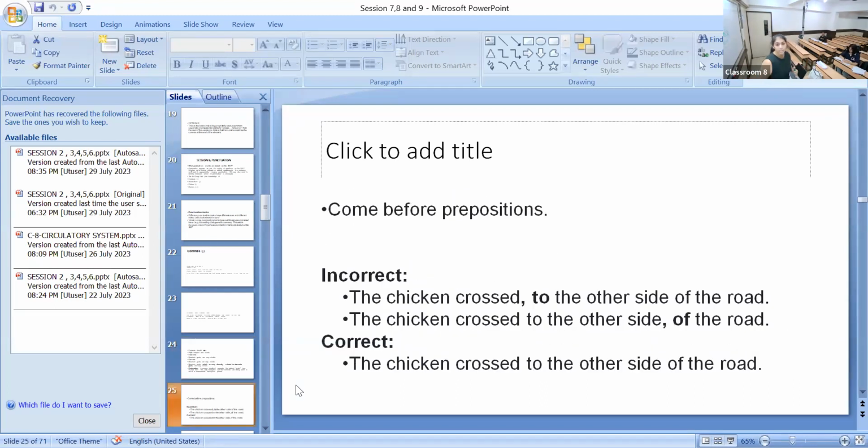Okay. So this is another one, that it comes before prepositions. So you can see over here, the incorrect one: the chicken crossed to the other side of the road. What's the correct one? Why?